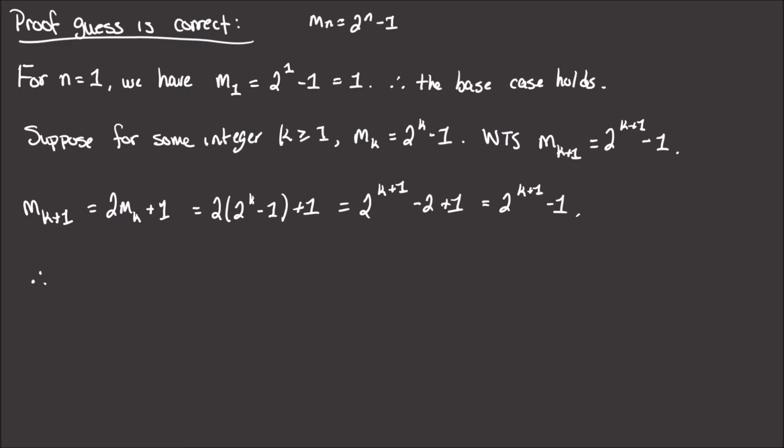Therefore, our guess is correct, and we can conclude that m sub n is indeed equal to 2 to the n minus 1 for all n greater than or equal to 1. So that is how you would go about proving your guess via iteration is indeed correct.